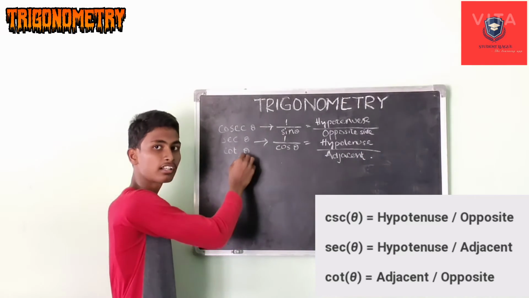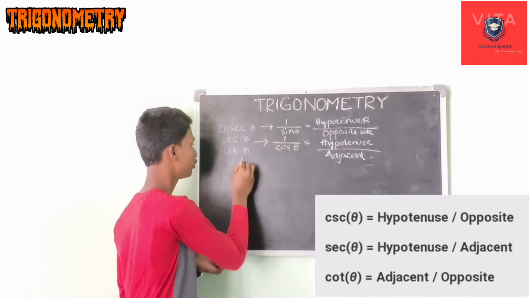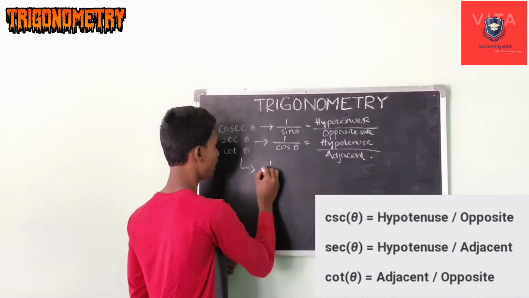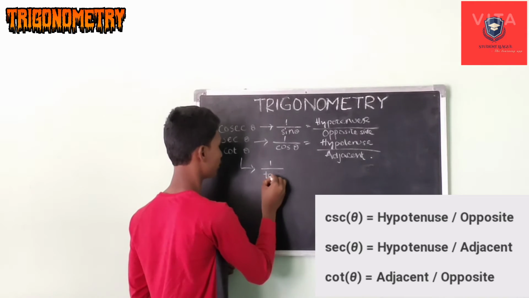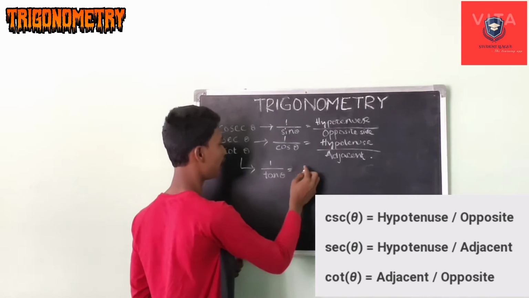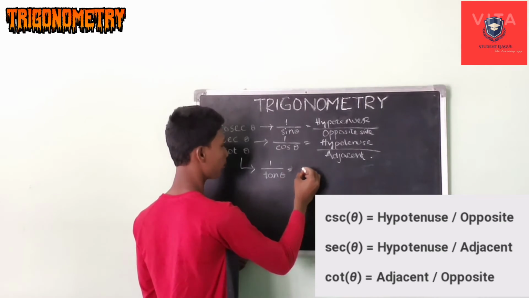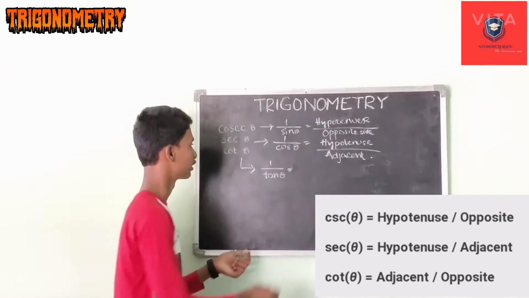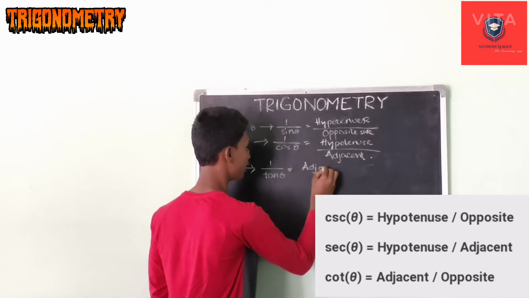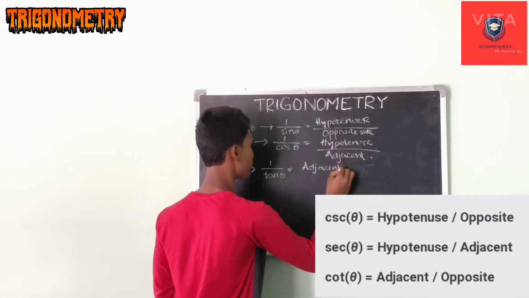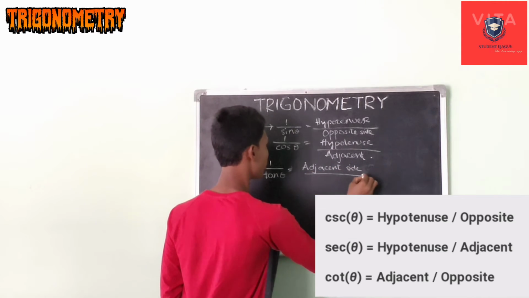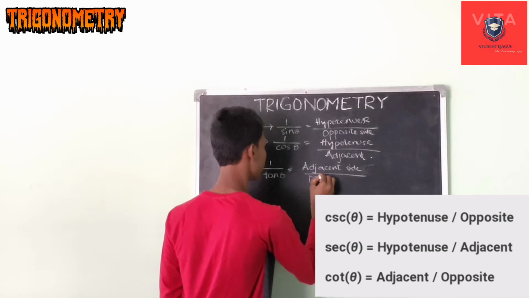Whereas cot theta is 1 by tan theta. Tan theta is opposite by adjacent, whereas cot theta is adjacent side by opposite side.